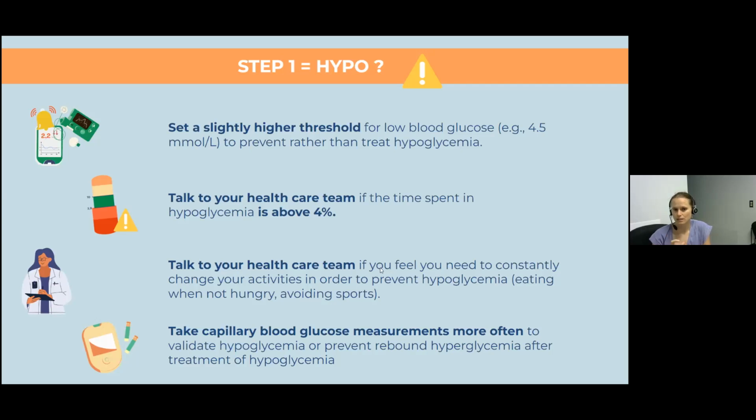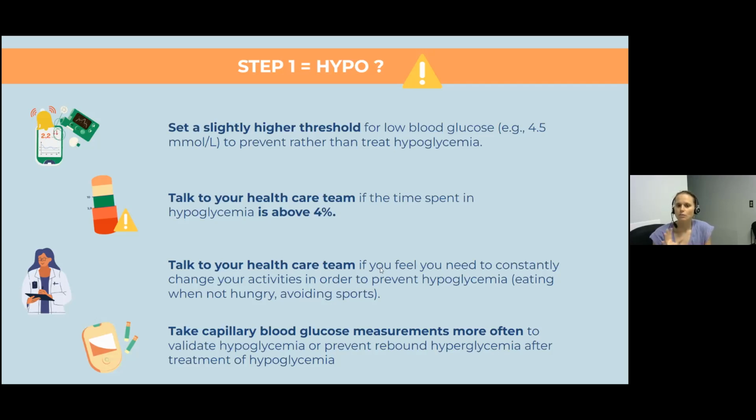But also there's that little delay. If you put your threshold a little bit higher, it can help you prevent rather than treat hypoglycemia. That's the key: trying to prevent instead of waiting till it happens and then you have to treat it, giving a stress to your body of going through those symptoms.